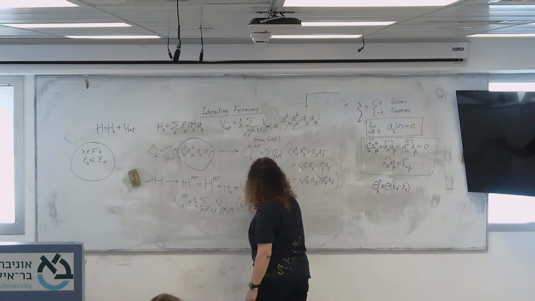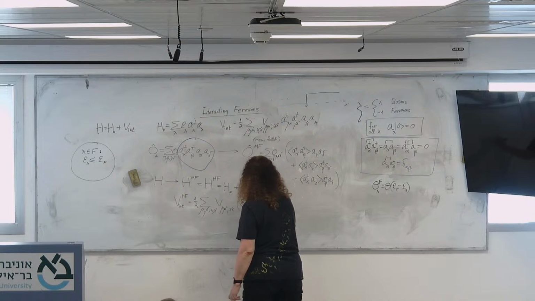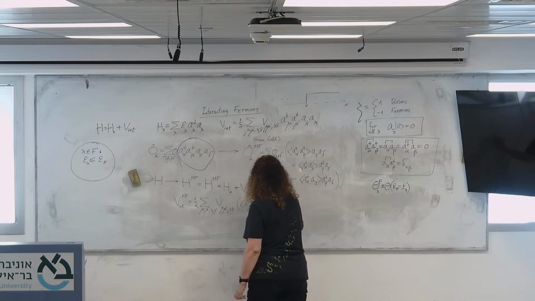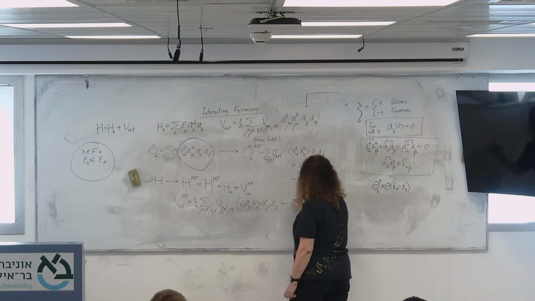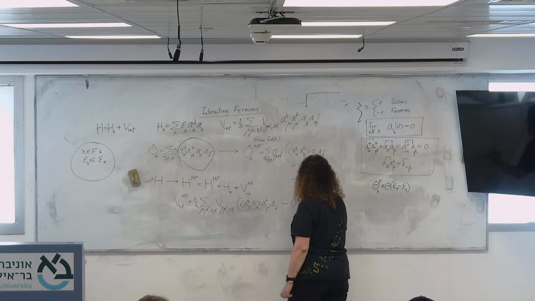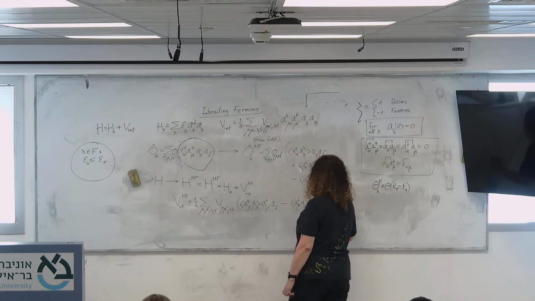A dagger mu A lambda prime minus A mu dagger A lambda prime A mu prime A lambda.